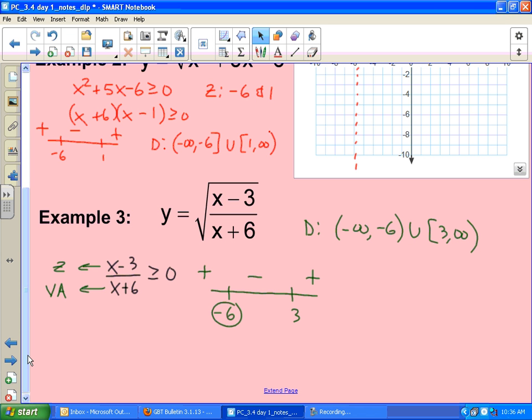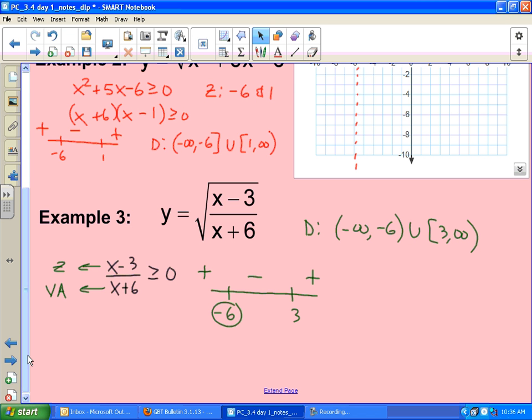What's the other rule? No negative where? No, denominators can have negatives. You can't have negatives underneath the radical of an even radical.